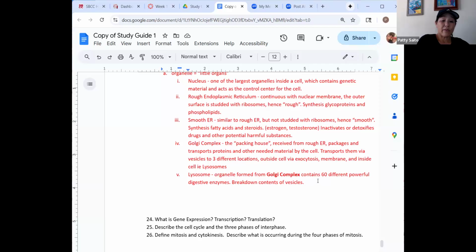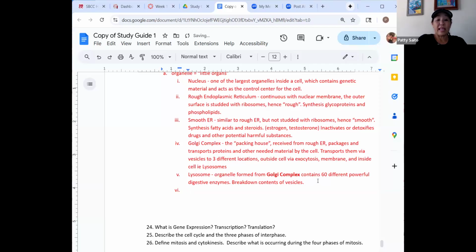And so whatever it fuses with, it can break it down. So let's say that you enclose a bacteria, you can digest it by putting enzymes in there and making it die or go away. But other things too. Sometimes cells die and you want to get rid of the debris in the body. You could do that through lysosomes also.